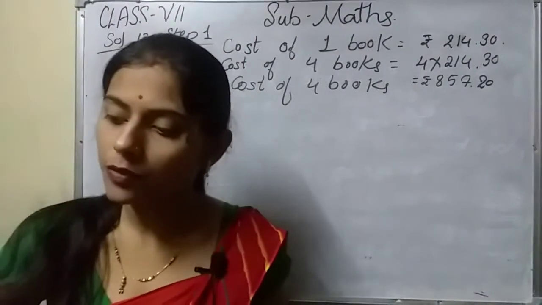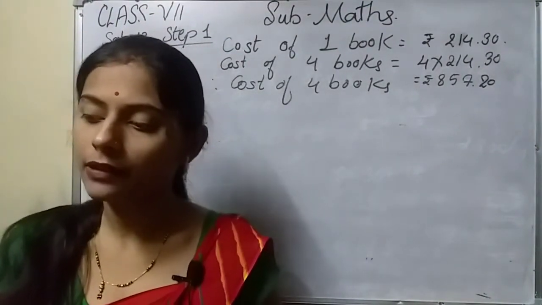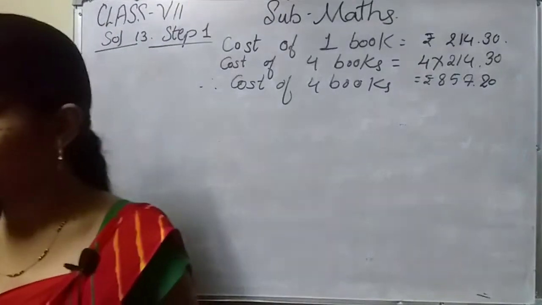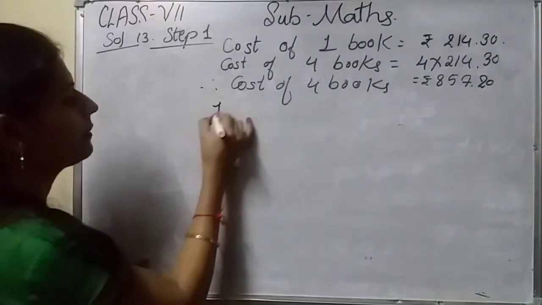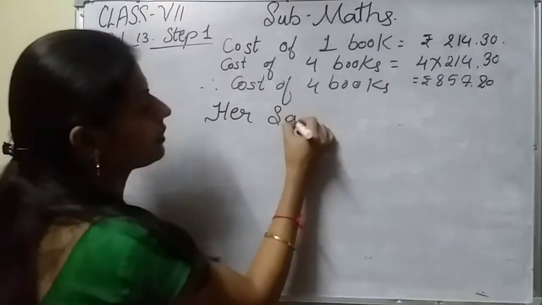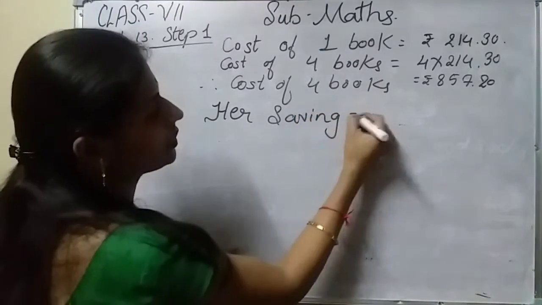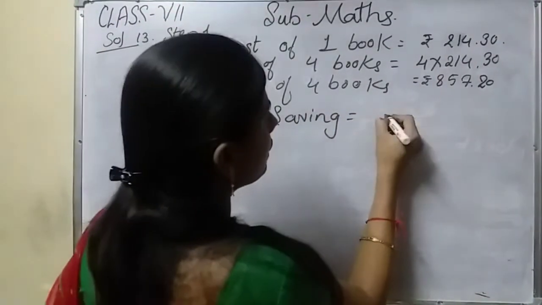Now see what they are asking. How much money had Susan saved before she added 161.25? Now see, her saving is equal to, what is her saving?